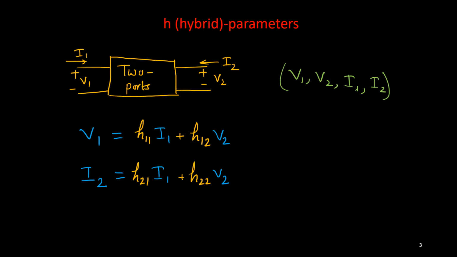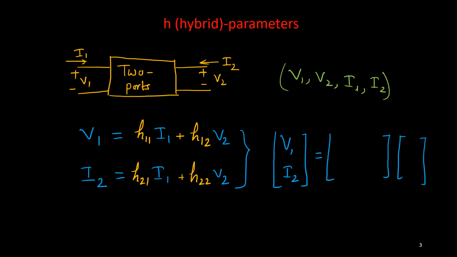Then we can express this in matrix form: the column vector V1 and I2 in terms of these two products. Here the column vector is I1 and V2, and these parameters are simply H11, H12, H21, H22. So this is important.